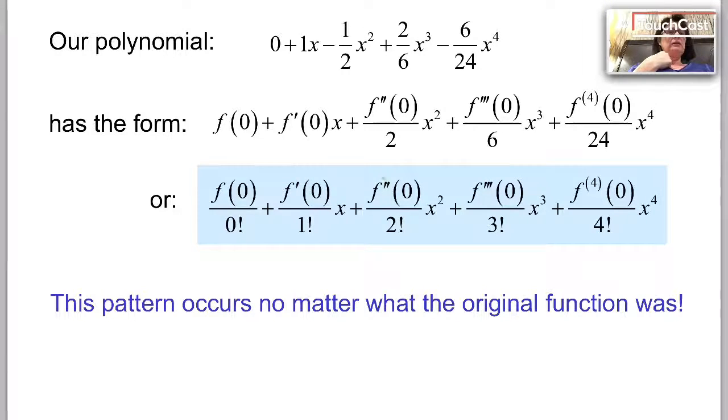So you're noticing 2, 2, 2, 3, 3, 3. That makes this pattern pretty easy to remember, and that's what we need to know to write our very first Taylor polynomial on our own.